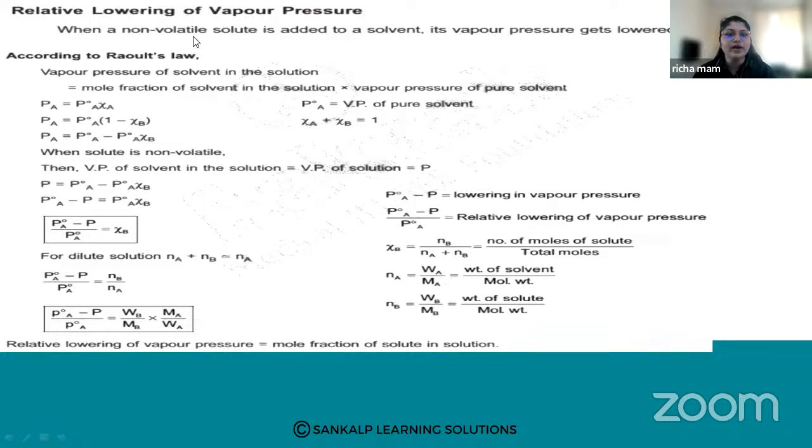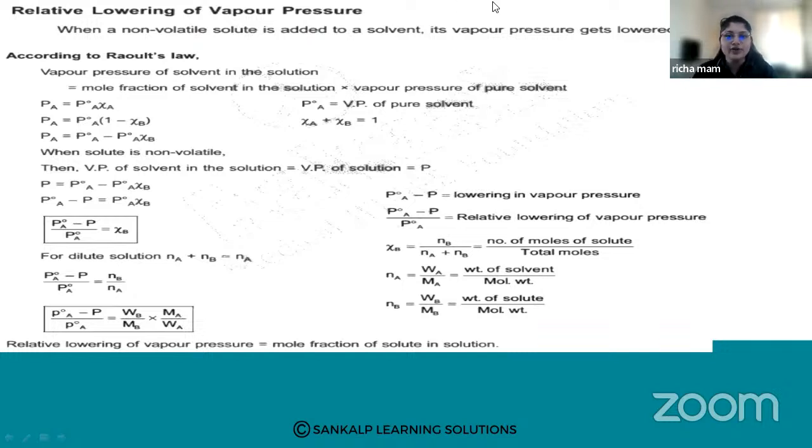Whenever you have a non-volatile solute, we have seen this condition when discussing Raoult's law. In Raoult's law case 2, we discussed relative lowering of vapor pressure, so I will not go into much detail. This is based on Raoult's law.